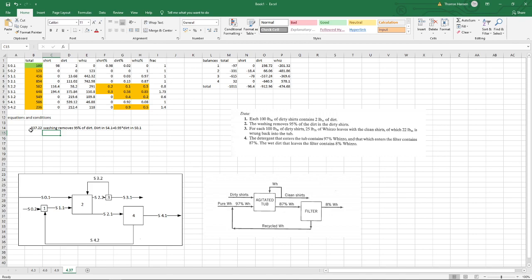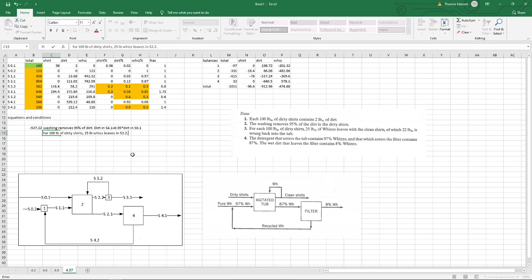The next information I have decided to add is that for every 100 pounds of dirty shirts, 25 pounds of Wizzo leaves in 2,2. So that is in stream 2,2. I have this amount of Wizzo leaving.